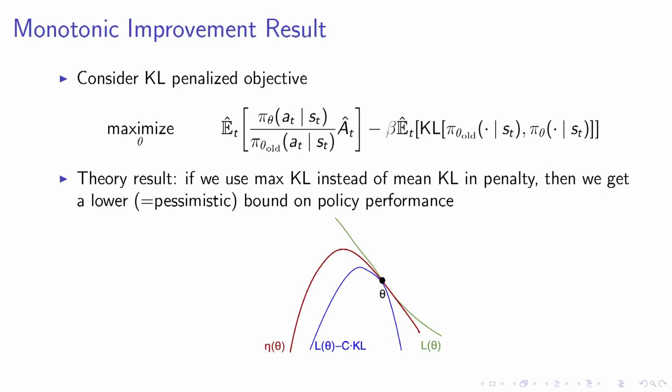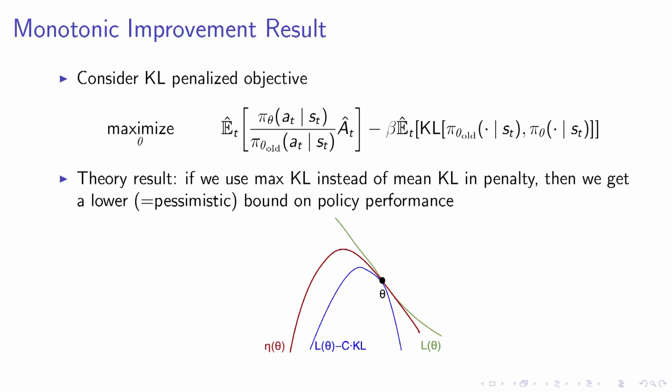So anyway, it turns out that there's actually a theory result that pertains to this penalized objective. It's not exactly the version I wrote down on the previous slide, but if you take a max over state space instead of a mean over state space, and so you constrain the max KL between the new policy and the old policy over all of state space, then you get something that's actually a lower bound on the performance of the policy, pi sub theta.